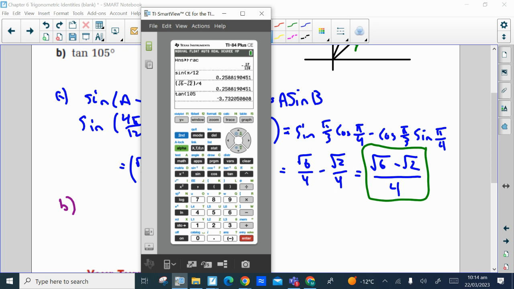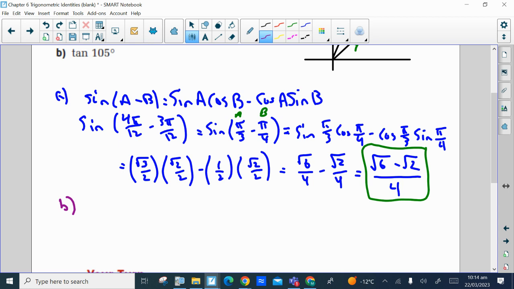Negative 3.73, etc. To find the exact value, which we're asked to do, again, we'll have to use our sum and difference identities, and we need to find two angles that either add or subtract to get 105, and both of those angles must be on the unit circle.